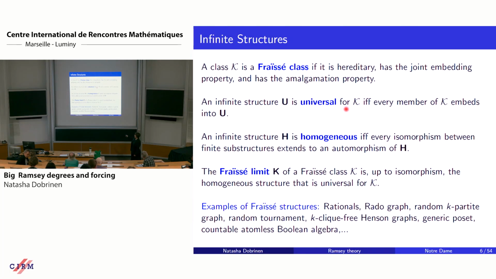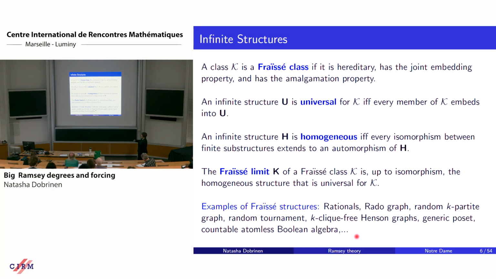Now, there are many, many different universals for a given class K. There's even many, many different universals for a given infinite structure. But up to isomorphism, there is only one homogeneous structure. And so the Fraïssé limit of a Fraïssé class is, up to isomorphism, the homogeneous structure that is universal for that class K.